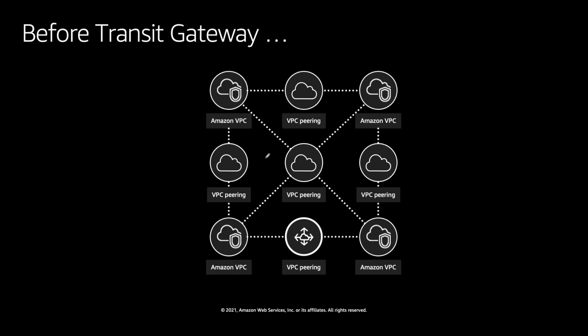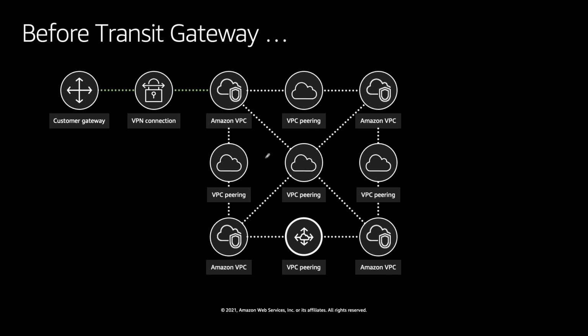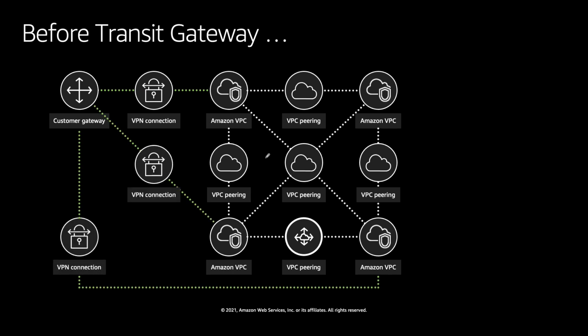Now say you already have an on-premise data center. If you want to connect it to your AWS VPC, you need a customer gateway, and then something called a VPN connection. If you want to connect it to different VPCs, you again need different VPN connectivity.